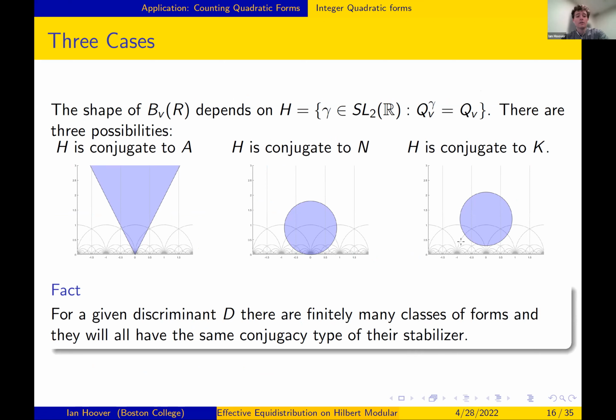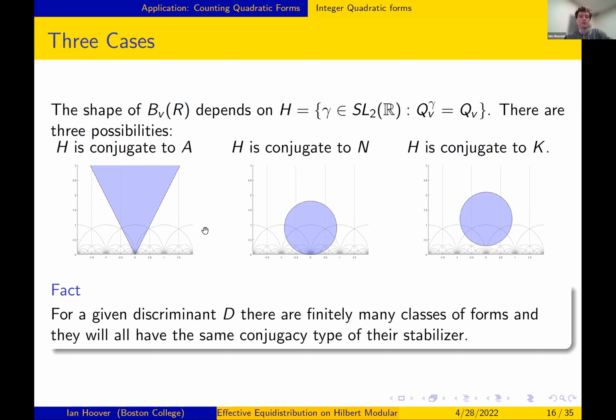And for a given discriminant, first of all, there are finitely many classes of integer forms, but each class will have the same conjugacy type of the stabilizer.